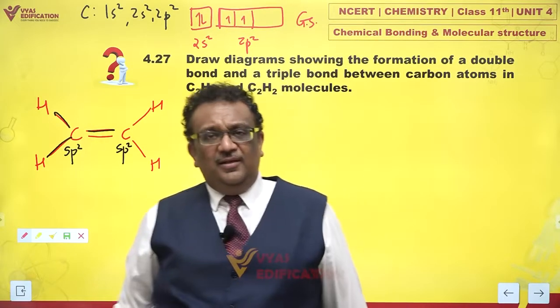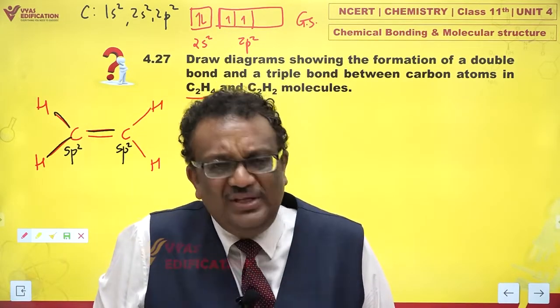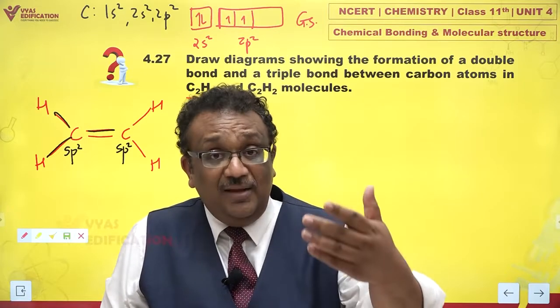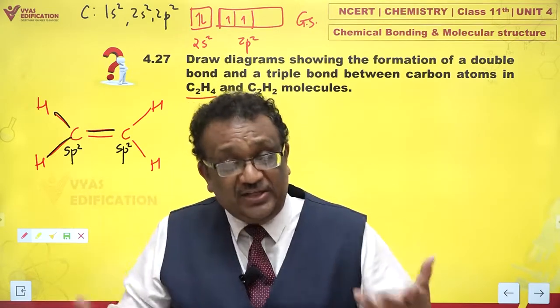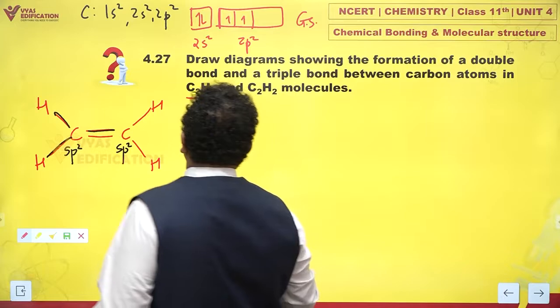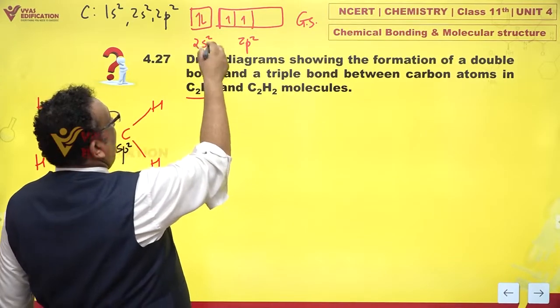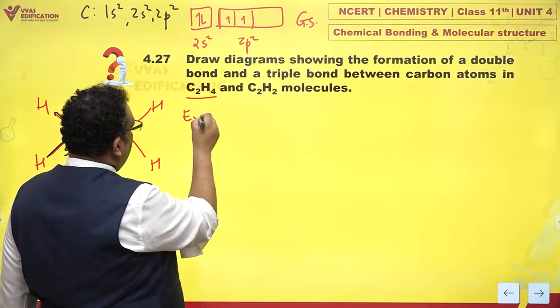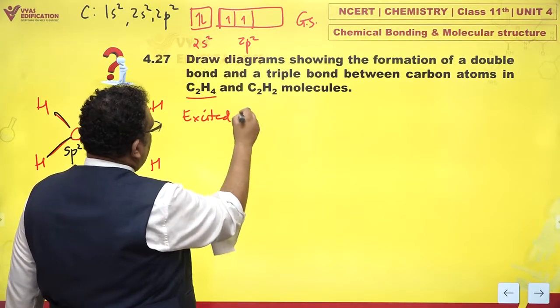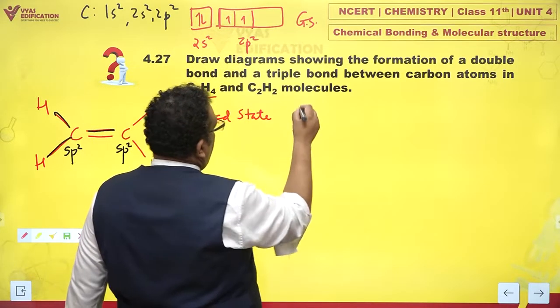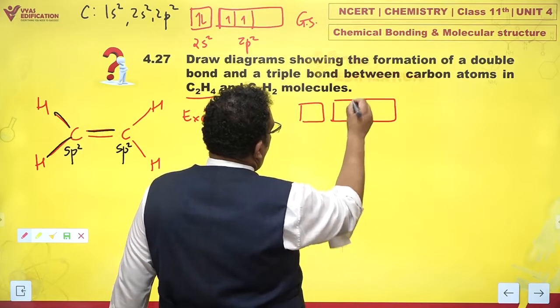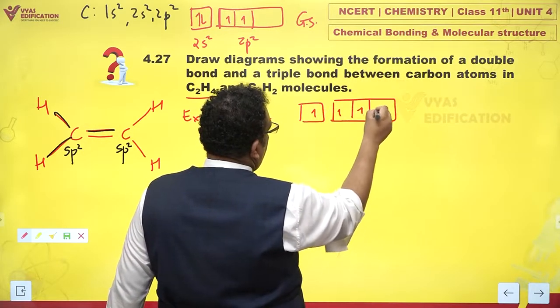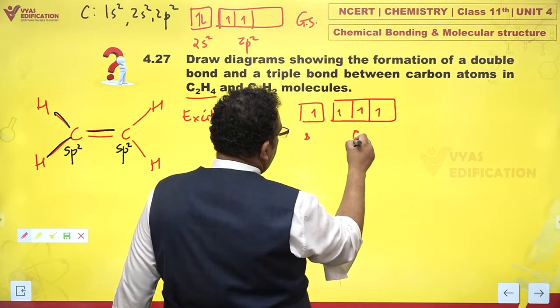But actually, reactions not always happen in ground state. Sometimes you have to give energy and excite them. So what happens is, when you give energy to carbon, one electron jumps from 2s to 2p and you get the excited state. Like this, right?